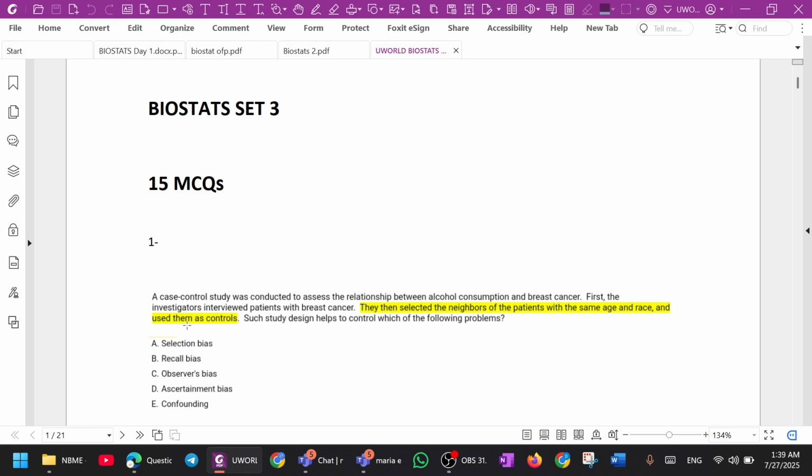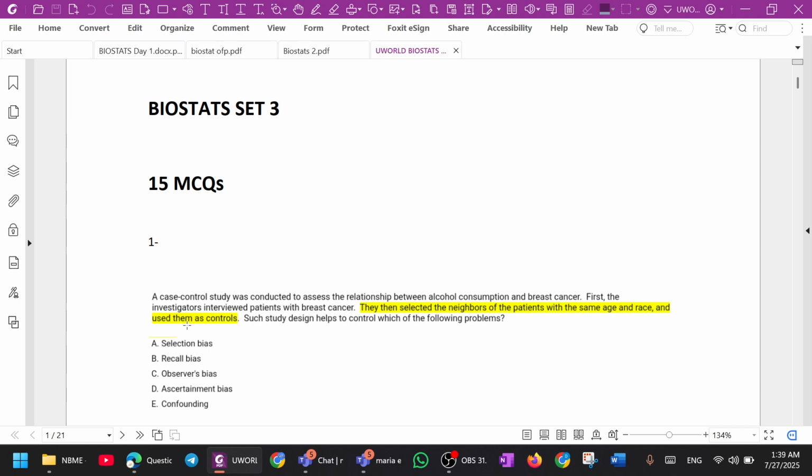Observer bias is that kind of bias where the observer is observing something and that's why the outcome would be good, but it is not like that. It may be the confounder.